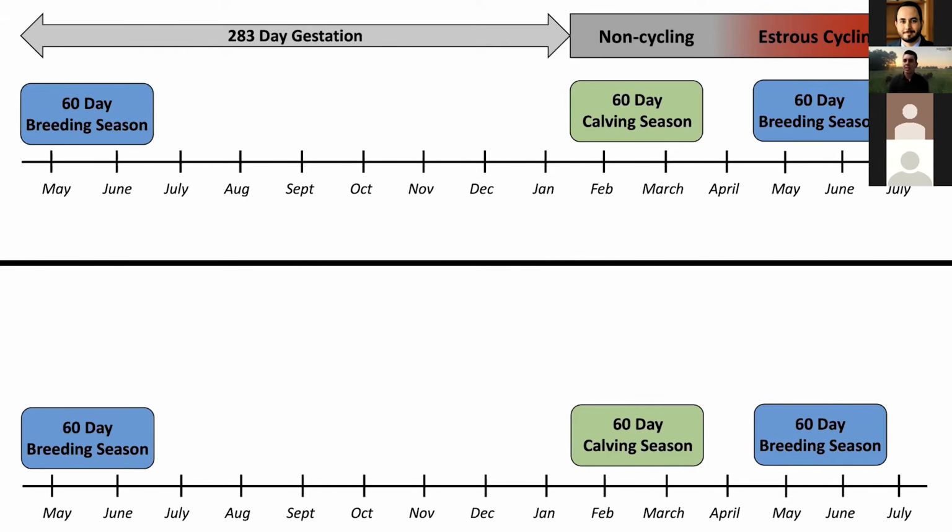And that will last a variable length of time depending on all sorts of management factors, her age, her body condition. It can be influenced by plane of nutrition, the presence of the calf at side. But at some point, she's going to initiate normal estrus cycles. And in most cases, this early calving cow will be cycling at the start of that next breeding season.